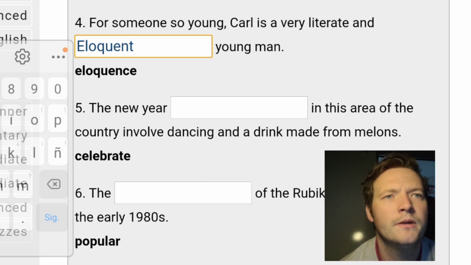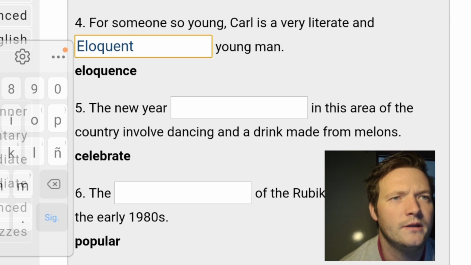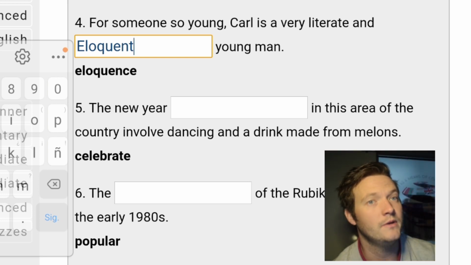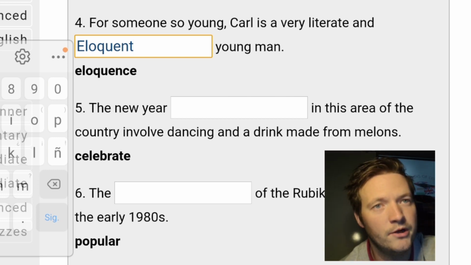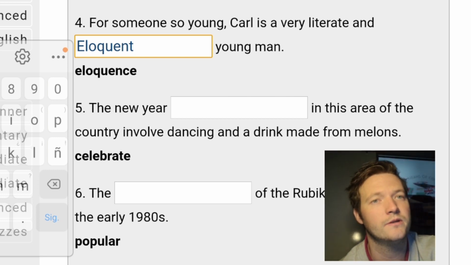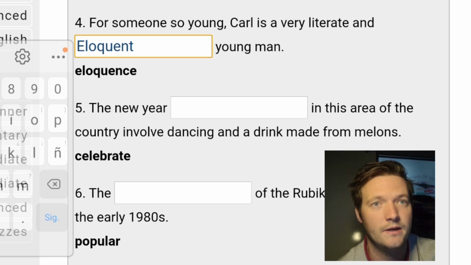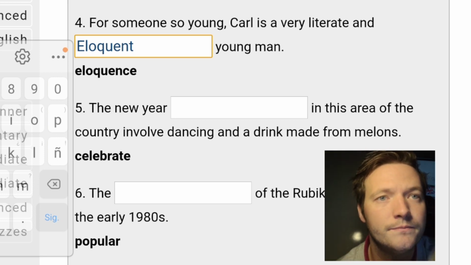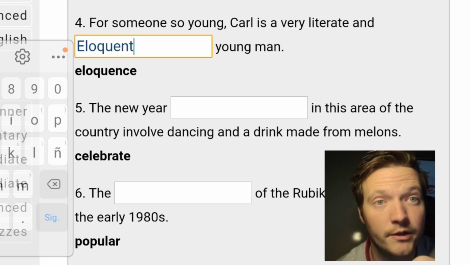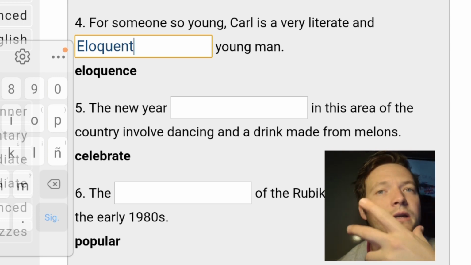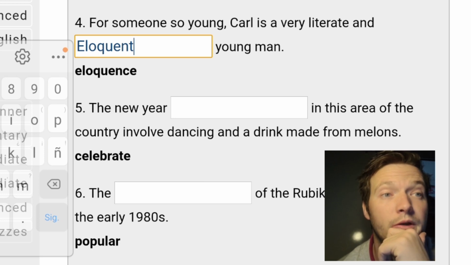The New Year celebrations in this area of the country involve dancing and a drink made from melons. Now, this would seem easy because you're going to say celebration, aren't you? But be very careful because there are very subtle things in this part of the exam. Involve is the verb, and celebration is the subject of that verb, so it has to be plural.